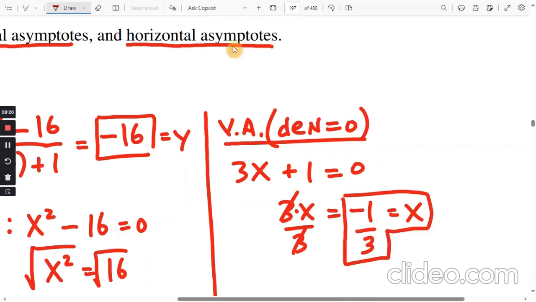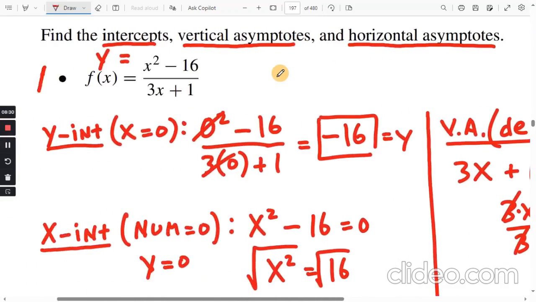Finally, the horizontal asymptotes. Right here, if you look, the degree of the numerator is 2. The degree of the denominator is just x to the 1. So the numerator degree is greater than the denominator degree.